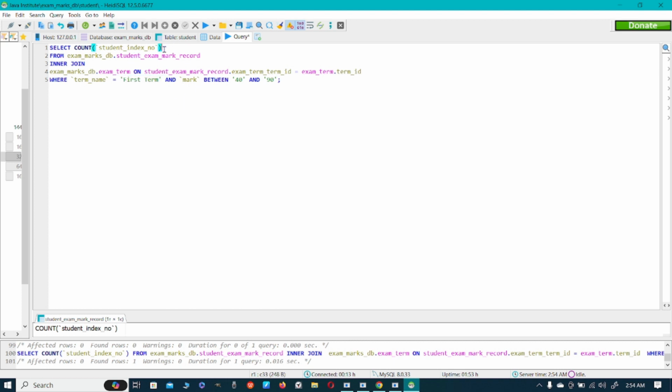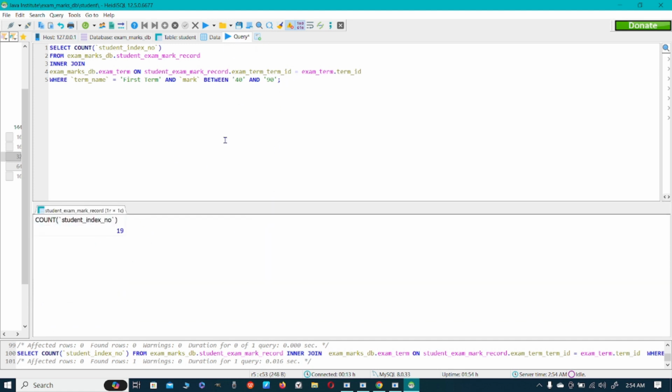To count the number of students, we have used the student index number. And to filter our marks, we have used this part of the condition. Let's see the answer. I have executed the query, so this is what I got. I got the answer as 19.